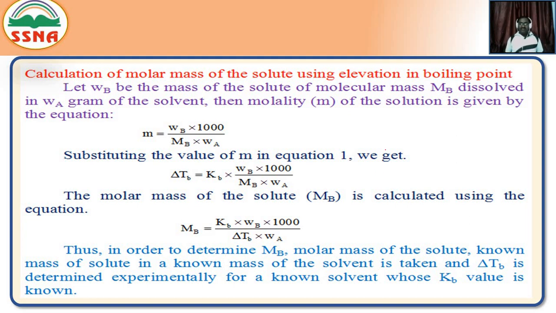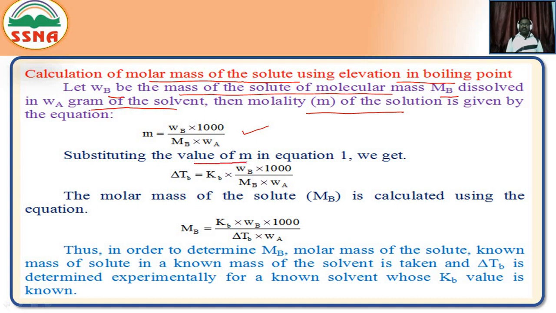By using this elevation in boiling point, we can calculate the molar mass of the solute. Let Wb be the mass of the solute of molecular mass Mb dissolved in Wa grams of the solvent. Then the molality of the solution is given by m is equal to Wb into 1000 by Mb into Wa.